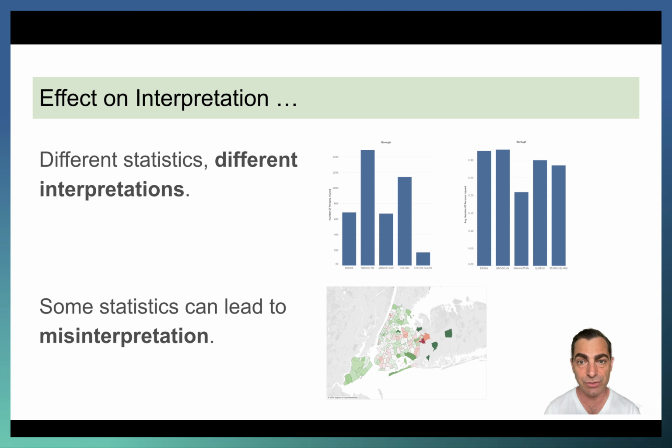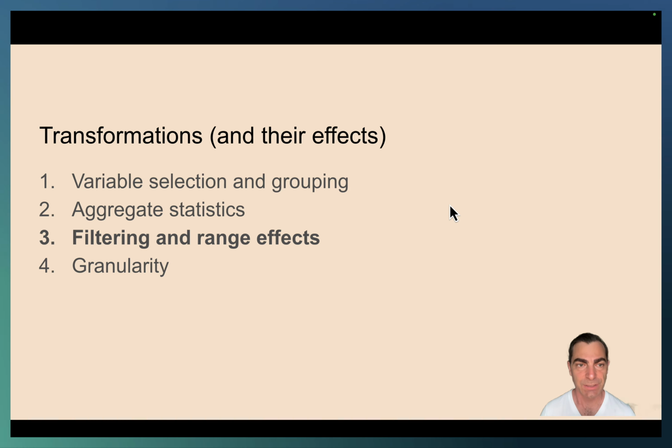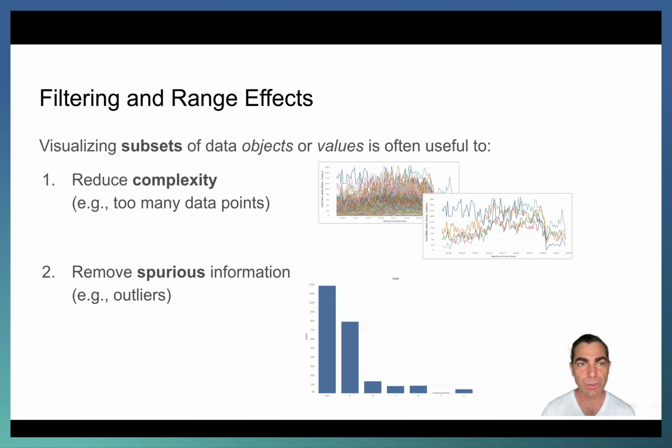The third type of transformation we consider is filtering and range effects. So what are filtering and range effects? Well, what often happens as part of the data transformation process and the design decisions one has to make is that we have to decide to represent a subset of the available objects, or a subset of the available values.